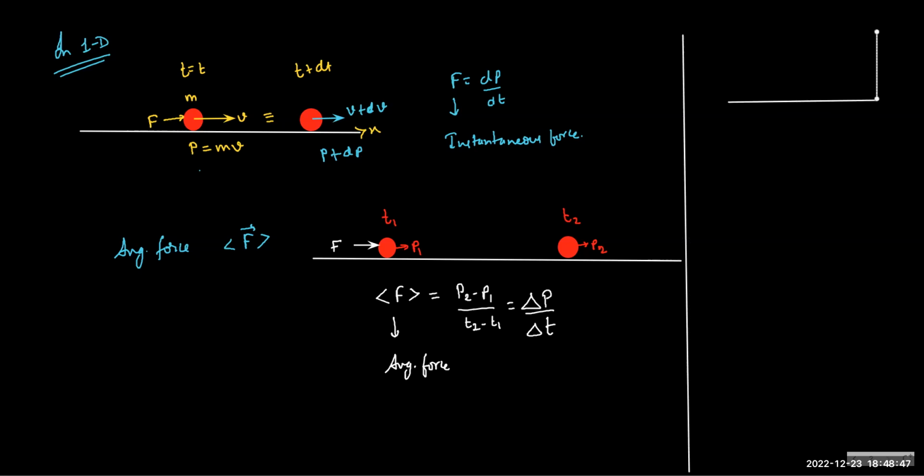So let's say there is an object, and this object is coming with some initial velocity v, and then it comes closer. It makes an impact and shrinks like this, and then it will try to restore the shape.